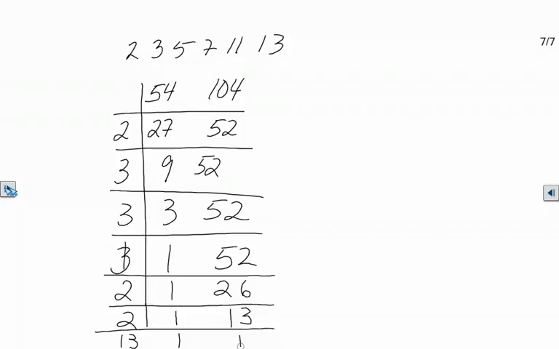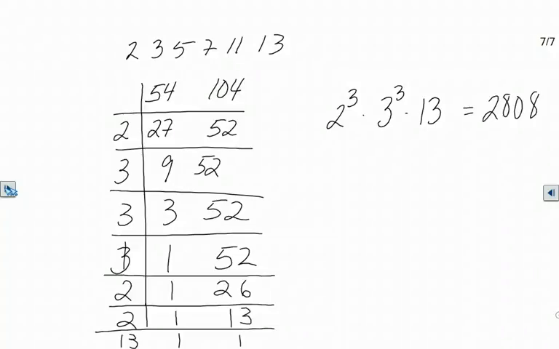So 3, 3, 3. So that's 3 to the third power, 2 to the third power, and 13. So 2 to the third times 3 to the third times 13. And I think that came out to be what number? I did it on the calculator for y'all. 2808.